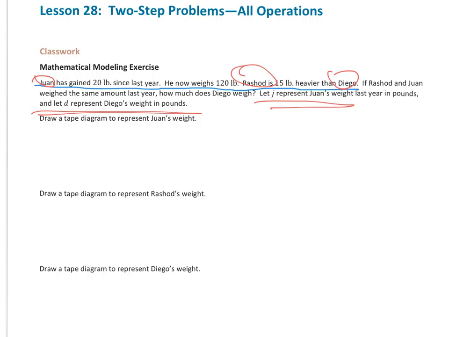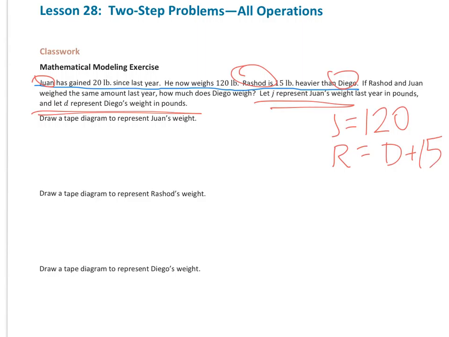So let's write out what we know. So we know Juan is 120. Then it says Rashad is 15 pounds heavier than Diego. So I'm going to say R equals D plus 15.